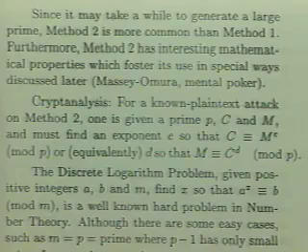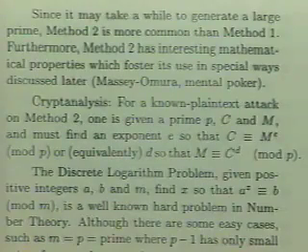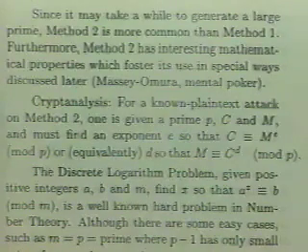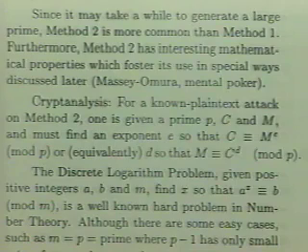What that means is that the enemy knows the plaintext and knows the corresponding ciphertext and wants to figure out what the key is so that they can decipher more messages, ones for which they only know C and not M. So this is actually giving the cryptanalyst quite a bit.